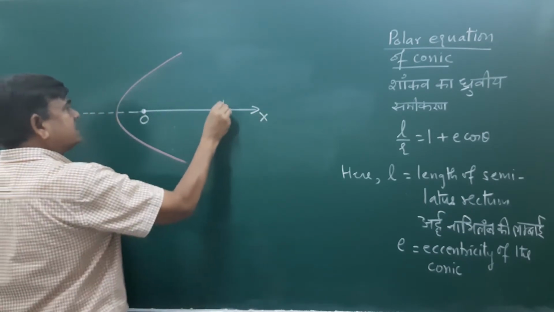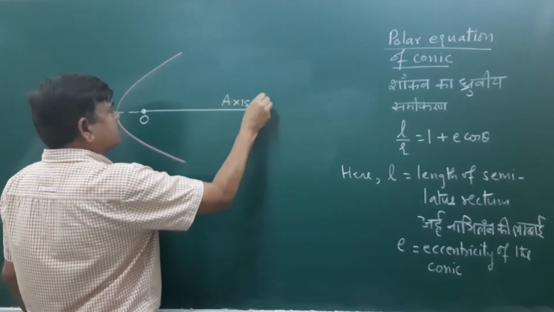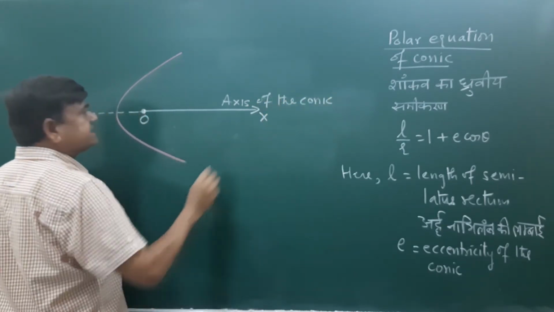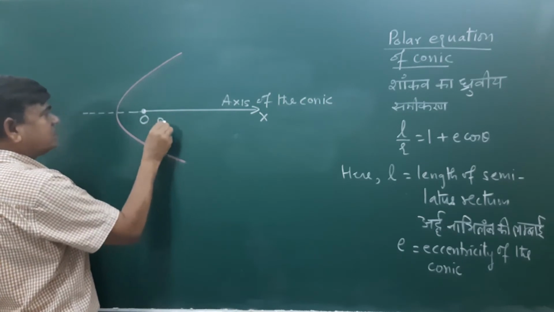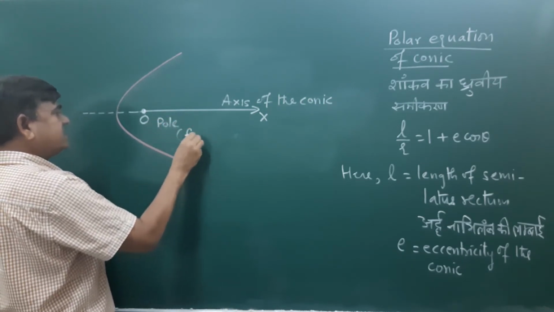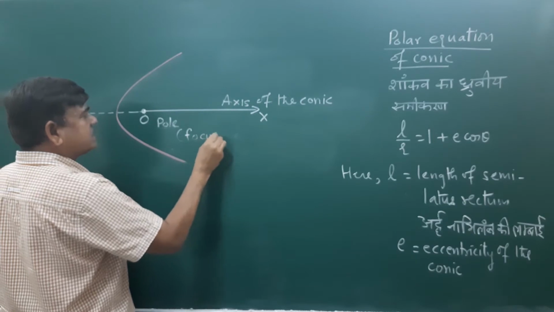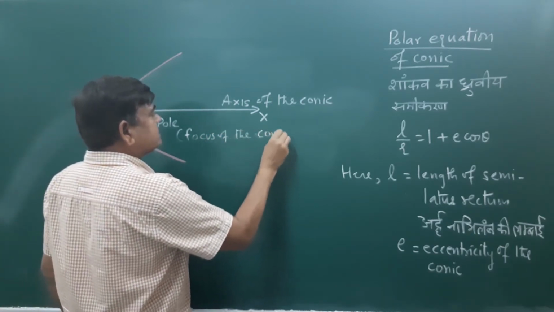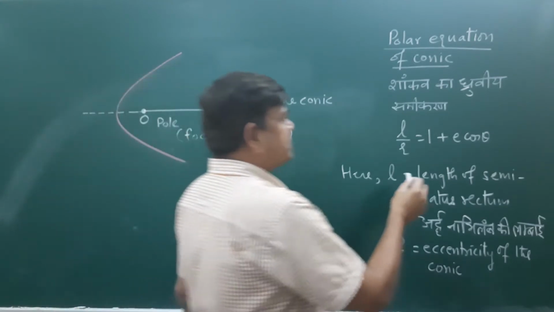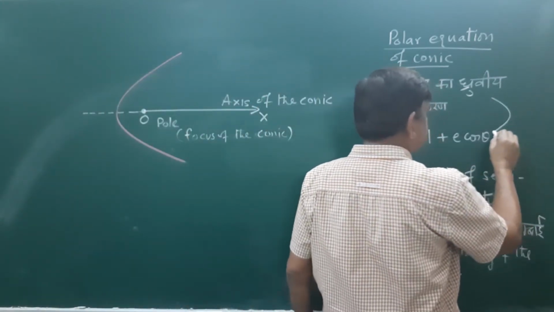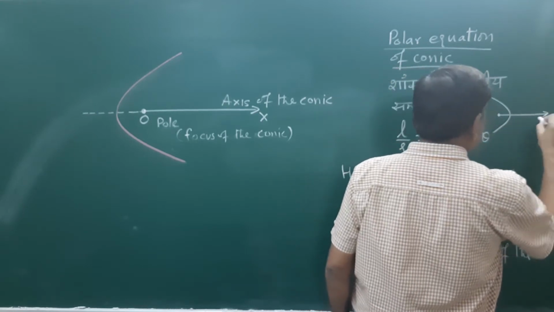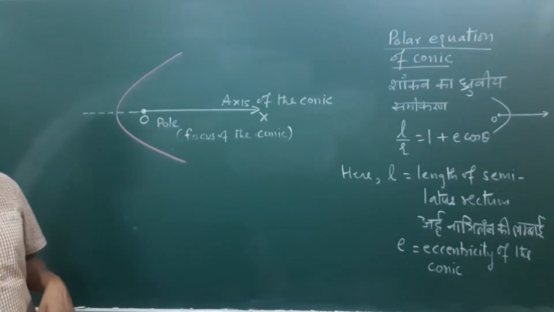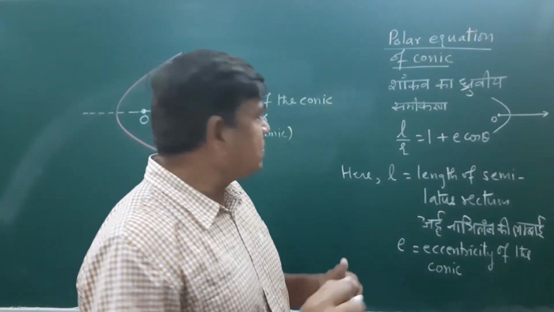This is the axis of the conic. This is the pole, or I say focus. For this equation, the diagram was like this. Now the direction is reversed. Then what will be the equation of the conic?